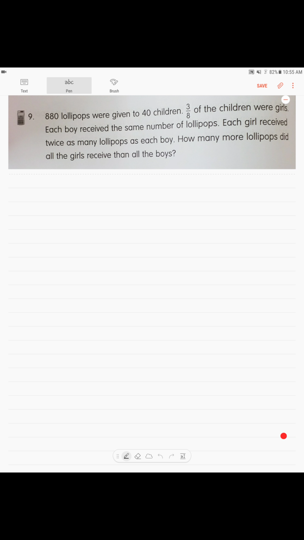So, we know the total amount of children. Total amount of children is 40. 40 kids, right? We know that 3/8 were girls. So, how many girls? 40 times 3/8.